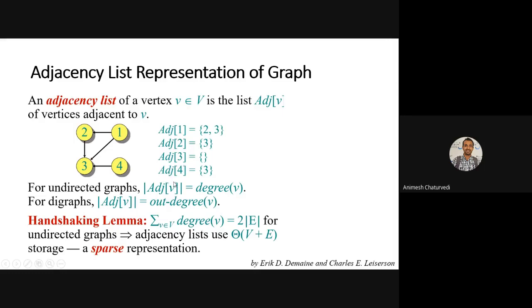Then 4 has an edge which has direction towards 3. So this is how the adjacency list representation works. The storage complexity is V plus E, meaning it's less than the adjacency matrix. This adjacency list is a sparse representation, meaning we just represent what is connected.